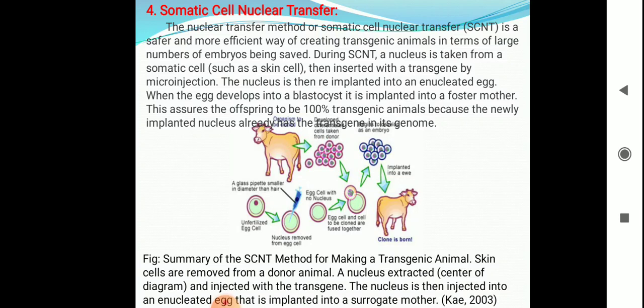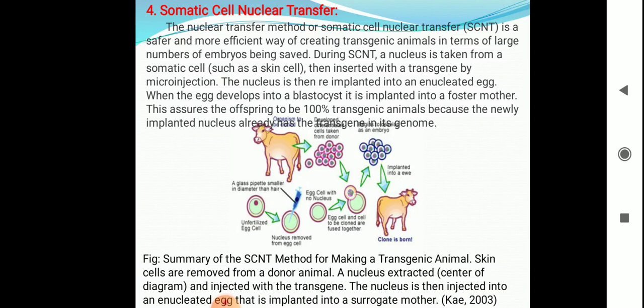The nucleus is then implanted into enucleated eggs. When the egg develops into a blastocyst, it is implanted in the foster mother. This assures the offspring are 100% transgenic, because the newly implanted nucleus already has the transgene in its genome. In this picture I have shown how transgenic animals are prepared by somatic cell nuclear transfer.